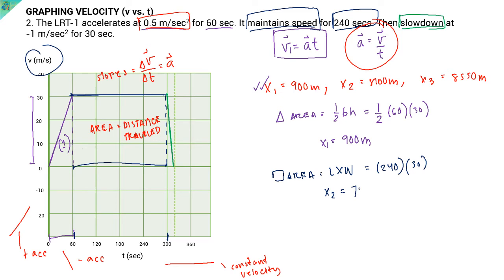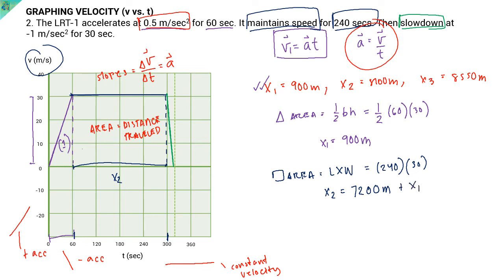Okay? So, it doesn't match. Why? Because x2, ito lang yon. Okay? So, hindi pa siya complete. Why? If we want to find out the whole duration from x1 to x2, we should still add the 900 meters, which is x1.